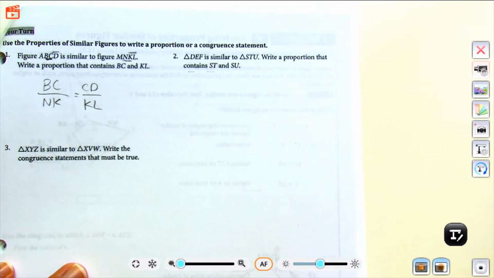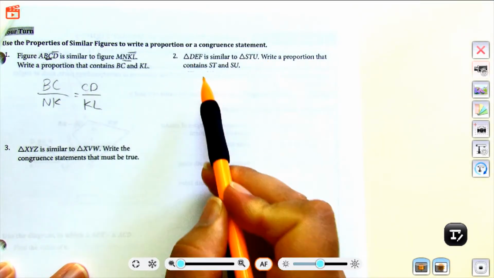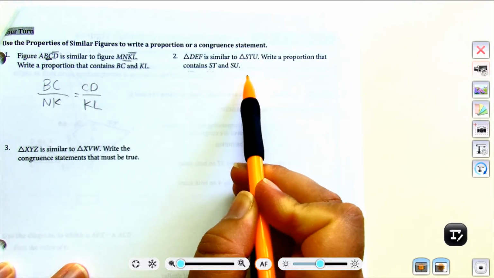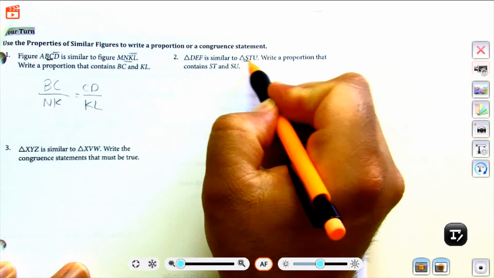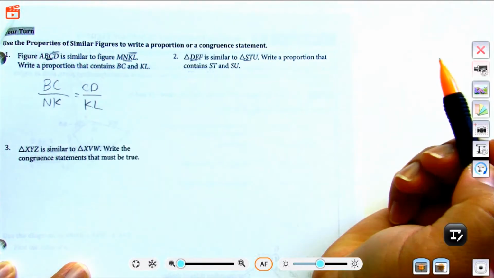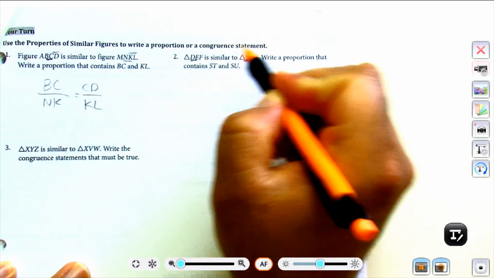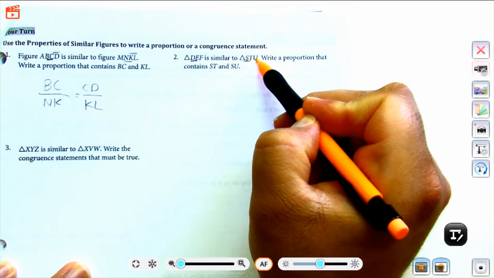Okay, number 2. Triangle DEF is similar to triangle STU. Write a proportion that contains ST and SU. So if we want ST, what corresponds to ST is DE. And if we want SU, we're going to need DF, because S is the first letter, U is the last letter, D is the first letter, F is the last letter.